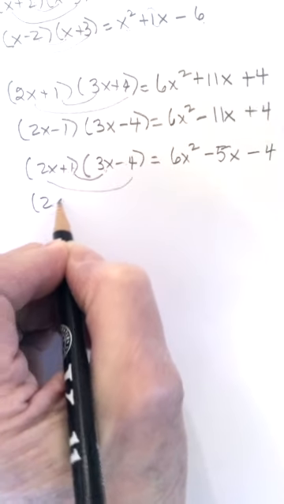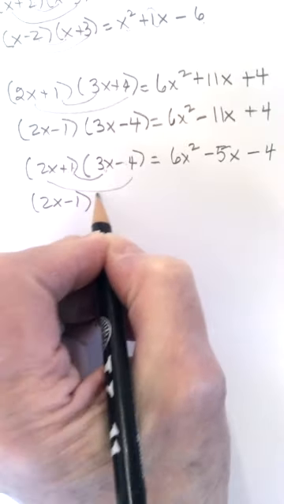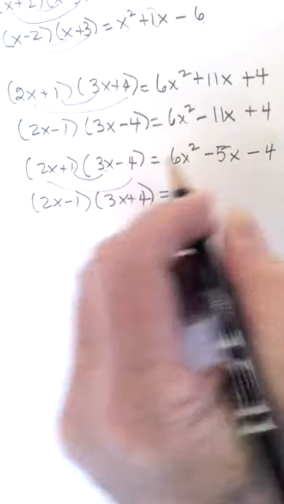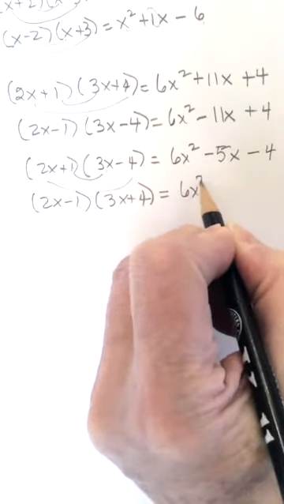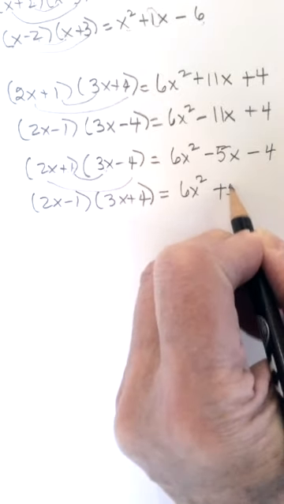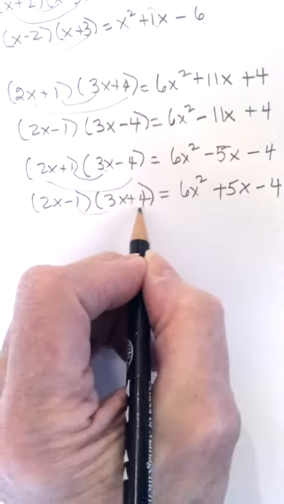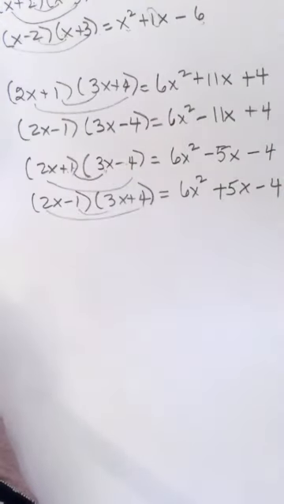If I switch the signs around, I'll have 2x minus 1 times 3x plus 4, and this will result in 6x squared plus 5x minus 4 because this time I've got negative 3 and positive 8.